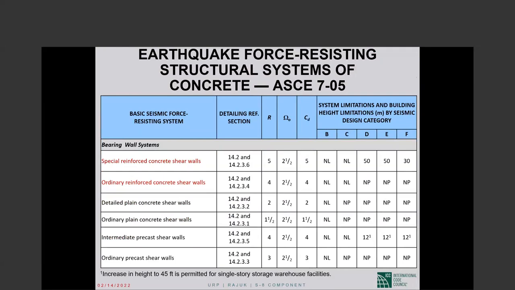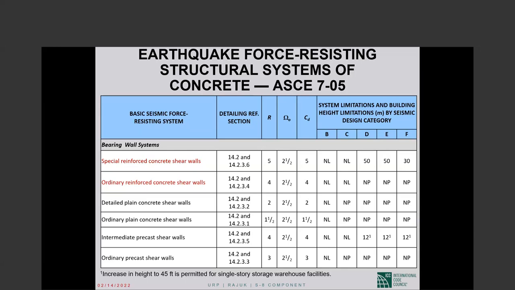The R values and also Cd and Omega-0 for these systems are to be found in Table 12.2-1 of ASCE 7, and there is a corresponding table number in BNBC 2020. I didn't go into table numbers here, but we have discussed them.